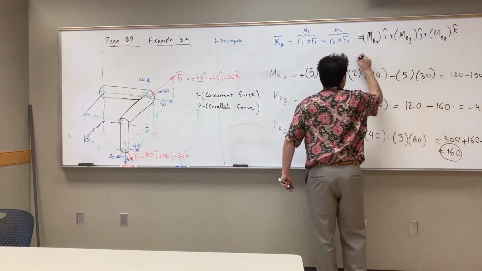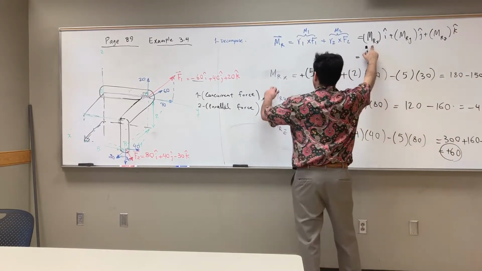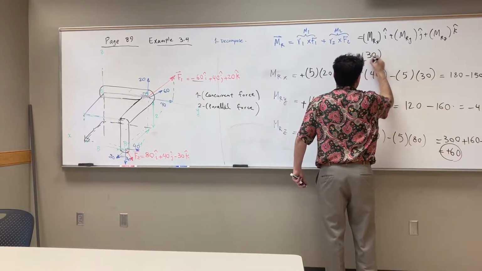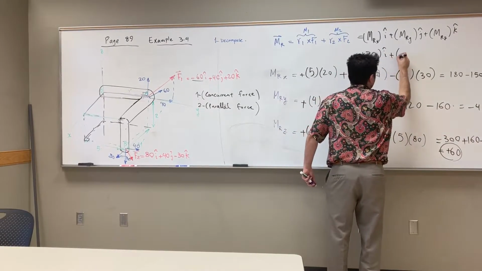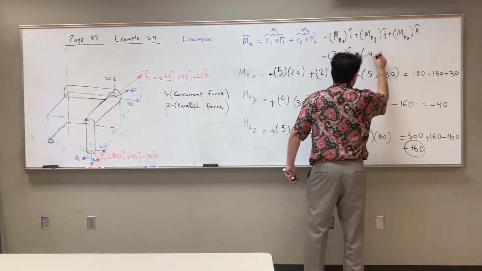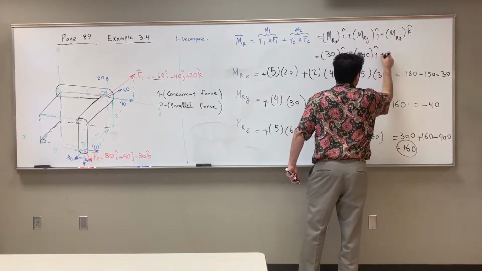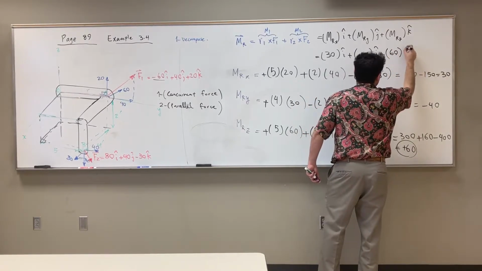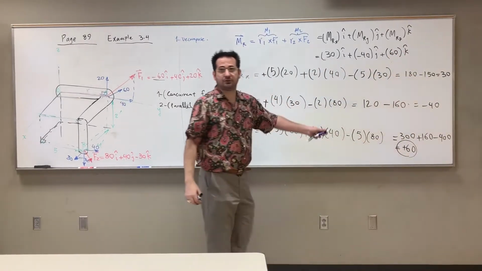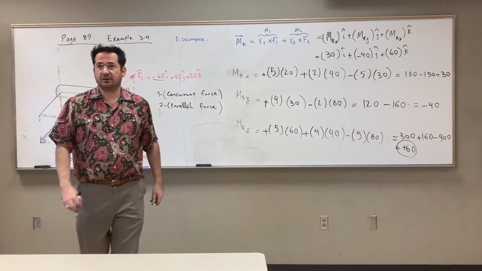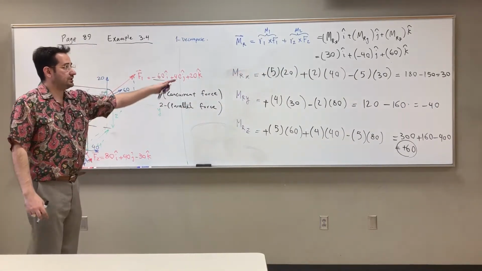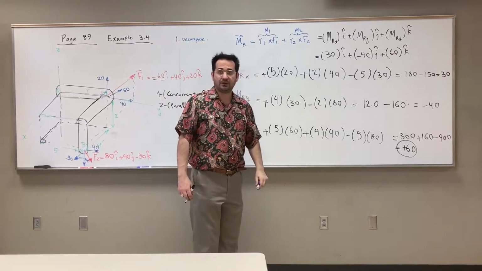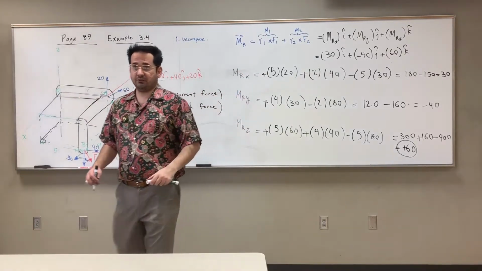And that's going to be 30i plus negative 40j plus 60k. I'll just put the end result there. This method, we use a method of moving forces to find the value. That's the tricky method that we use.